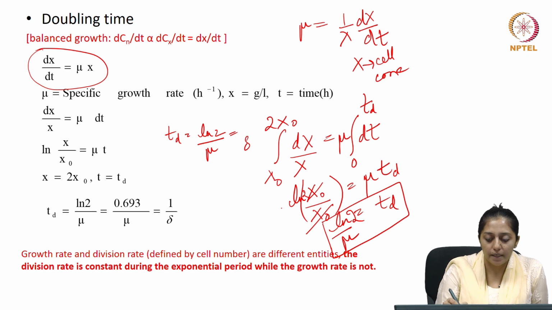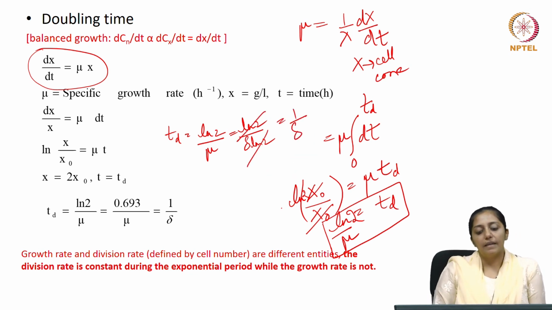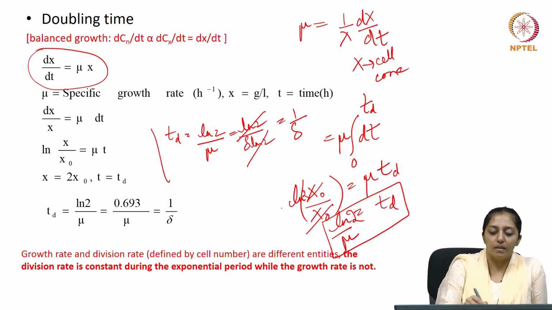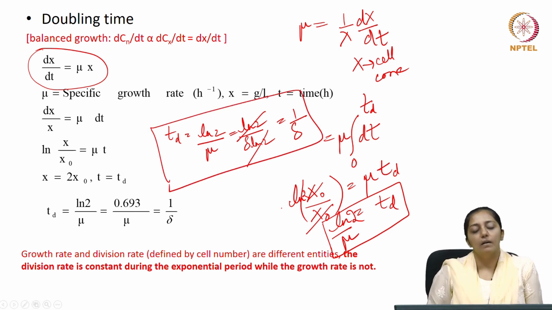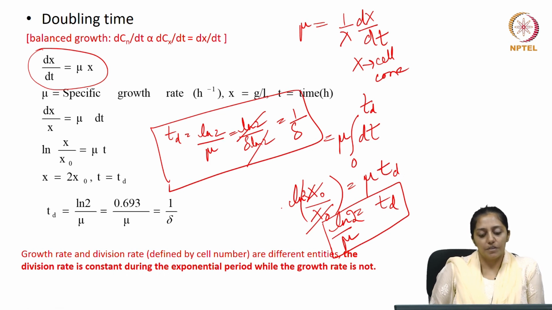So, division rate times ln 2, so one can make out that doubling time is the inverse of the division rate. So, the growth rate and division rate, which is defined by cell number, are different entities, and the division rate is constant during the exponential period while the growth rate is not.